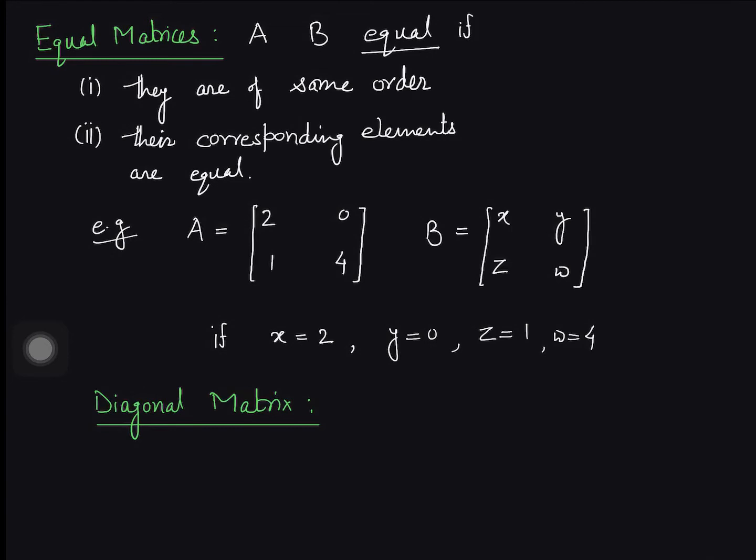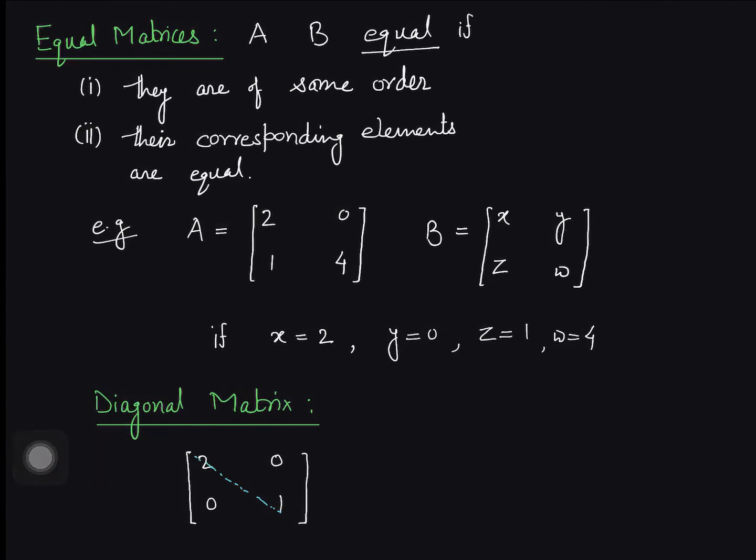Diagonal matrix. So a square matrix in which all the off diagonal entries or the elements are zeros is called a diagonal matrix. For example, this is a 2 by 2 matrix. This is your main diagonal. So all the off diagonal entries are 0. Then that matrix is called a diagonal matrix.